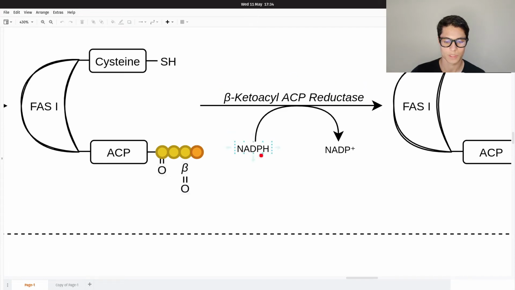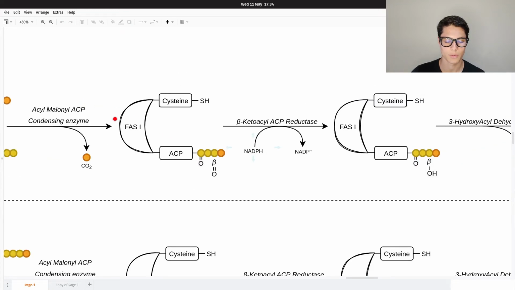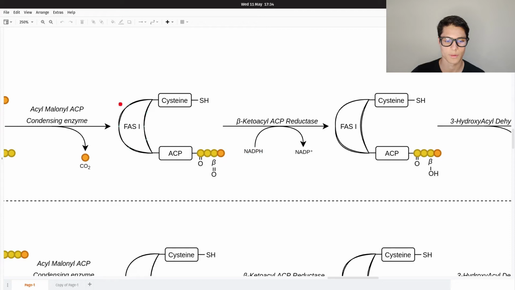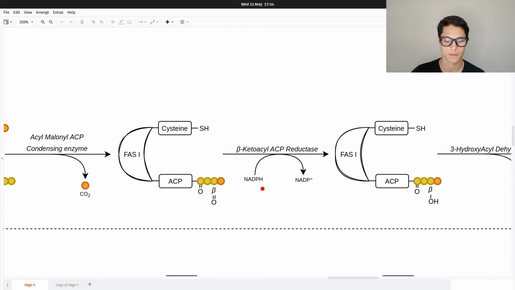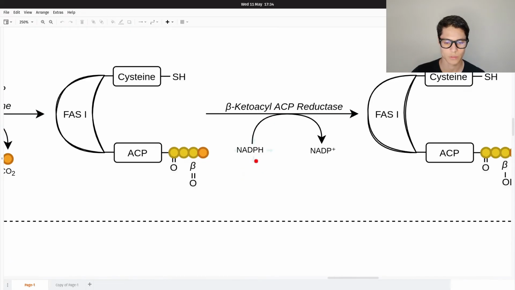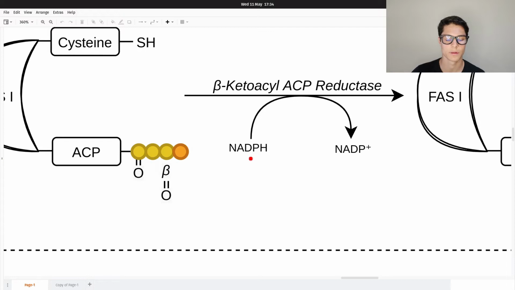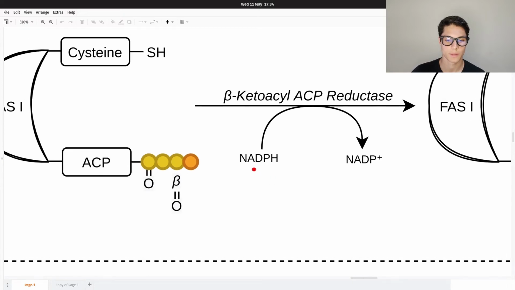So using NADPH, which we created, do you remember from where? From the malic enzyme that converts malate to pyruvate. And as well, if you remember from the video of the pentose phosphate pathway, we create NADPH as well.